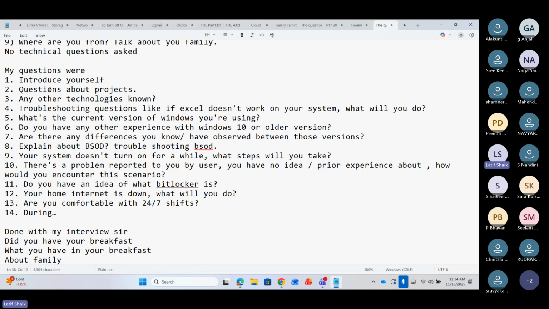If you get an application issue, what will you do? It's a Microsoft product. Go to Control Panel, Microsoft Office, right click, change, and select online repair.